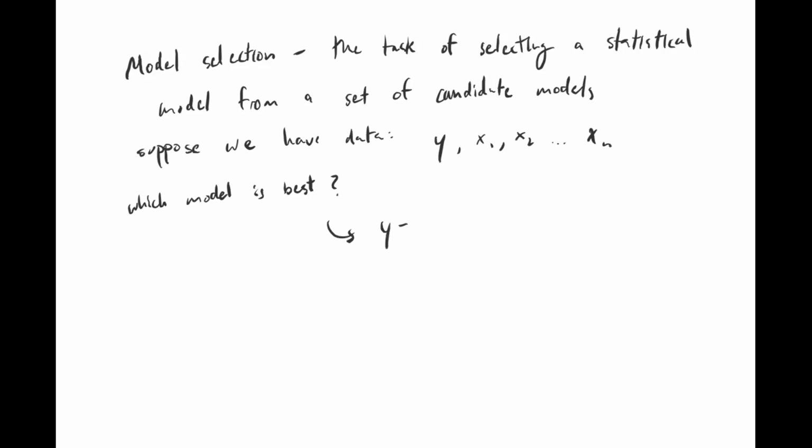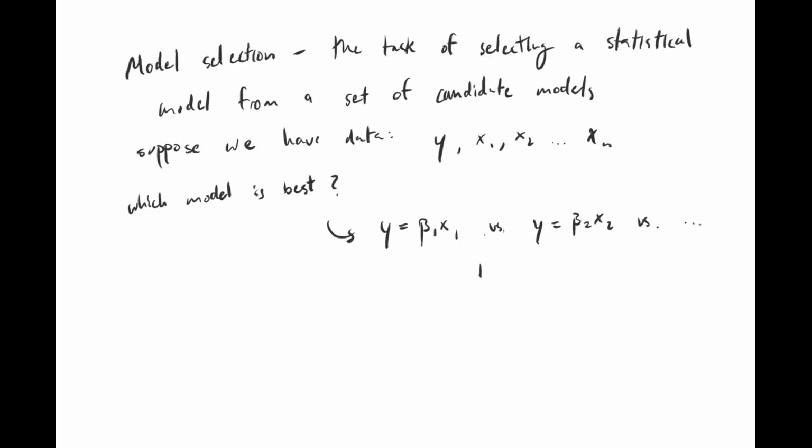We could have y equals beta 1 x1, versus y equals beta 2 x2, versus, all the way out.